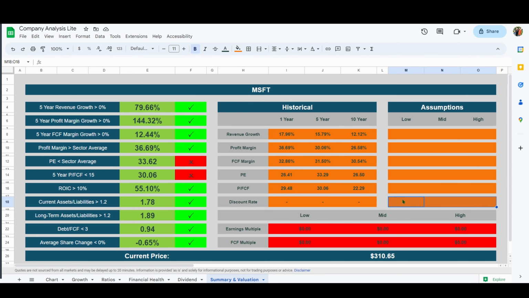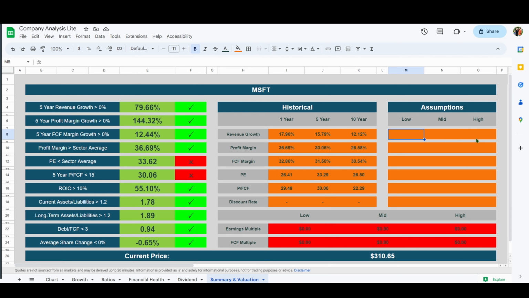For discount rate you need to tell it what you want your discount rate to be. But anyway, first of all, it gives you the revenue growth for 1 year, 5-year, 10-year, and each of these segments also has one for the 1, 5, and 10-year. Right? So on the right side, you have your assumptions.